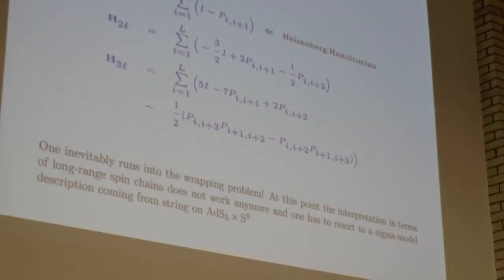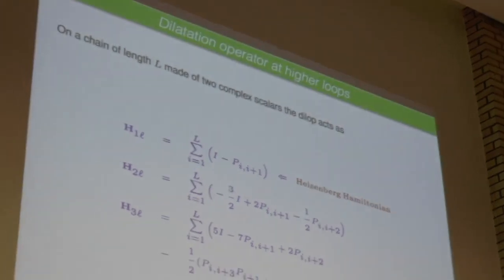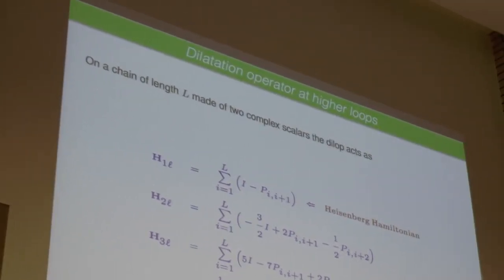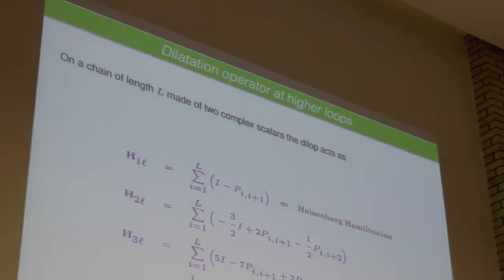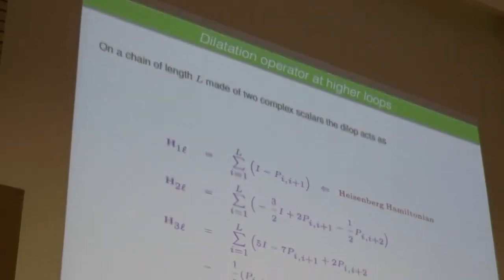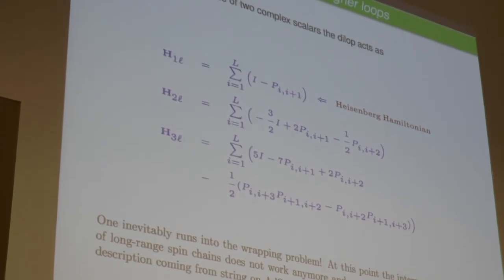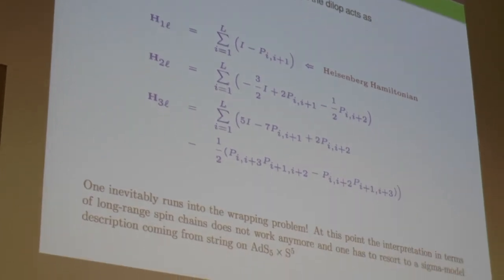At 1 loop you get the Heisenberg Hamiltonian, and at 2 loops you get a permutation, and then this one which permutes excitations sitting at I and I plus 2. At 3 loops, you get more complicated things, even products of such permutations appear, and so on. So the complexity of these Hamiltonians increases when you go to higher and higher loops.